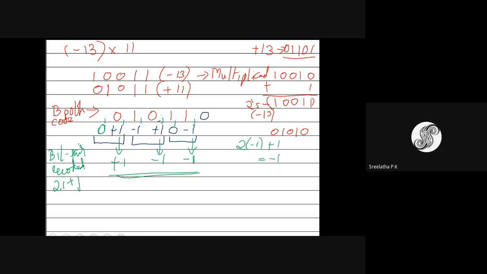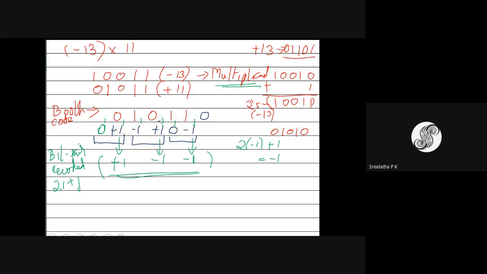Now the multiplication has to be done. For multiplication, note down this. It is minus 13, which is the multiplicand, and this is the multiplier. Note down these values. The same I'll write down here.